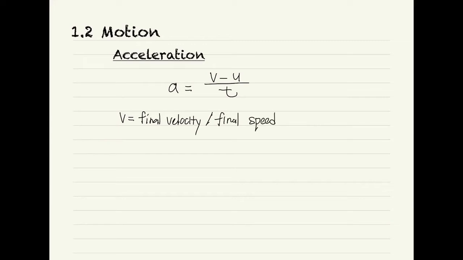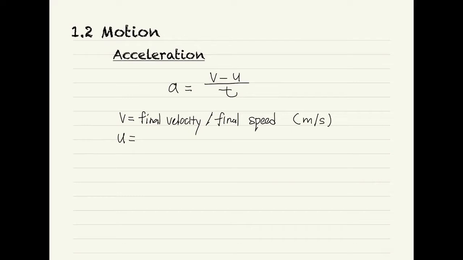The next one is the acceleration. The formula of the acceleration is A equal to V minus U divided by time. V is final velocity or final speed with the unit meter per second.